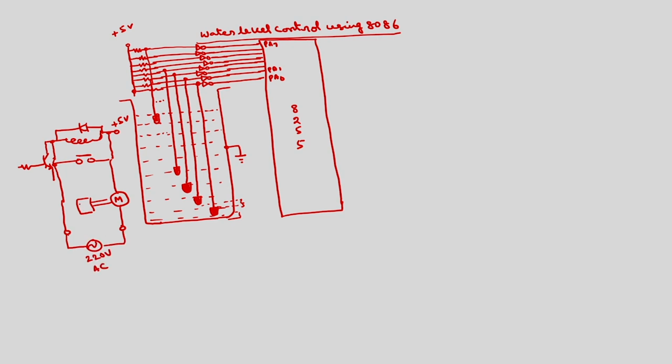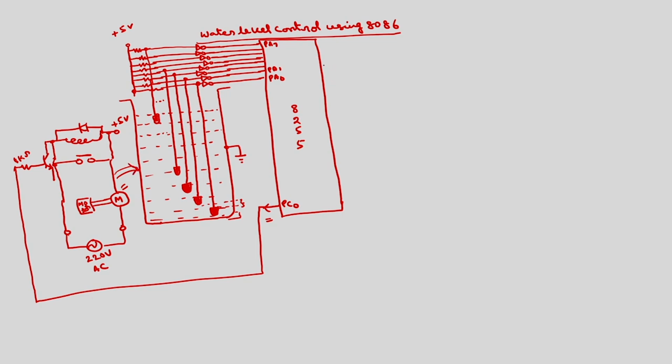This is the motor. And this will also be controlled by an 8255 port. I am using port C, PC0. So this motor will be turned on or off using this PC0, thereby pumping the water into this tank.